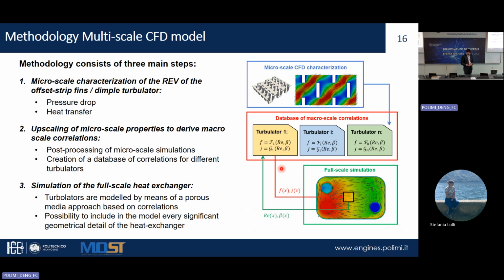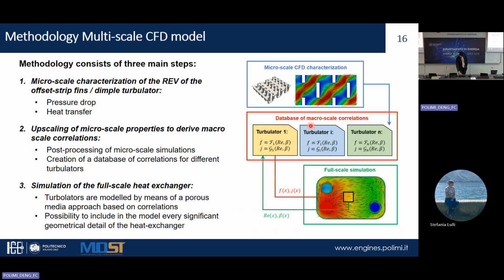So in this field, we have applied our methodology. The methodology is the same that we have used for the simulation of the after-treatment devices, in which we have a modeling at the micro scale of the flow in the offset strip fins turbulator. So we have the simulation of a microstructure here, and then from the microstructure we extract the information that can be used as tabulated maps of flow resistance and also of heat transfer, or let's say Nusselt number.